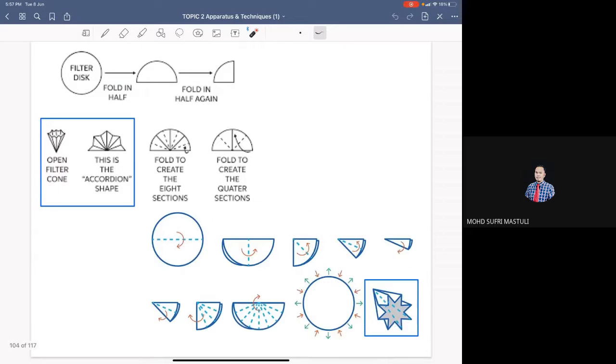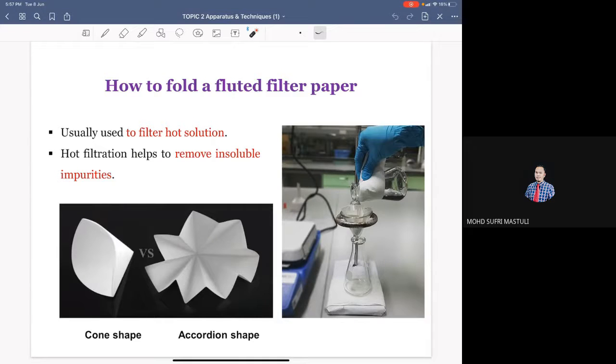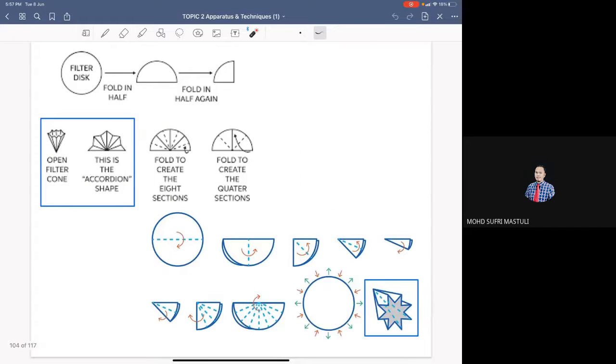This slide teaches you how to fold a pleated filter paper. From the filter paper, you fold it in half, and then fold it in half again to create the quarter section, and further fold it to have another eighth section, until when you open it, you have the accordion shape of filter paper.